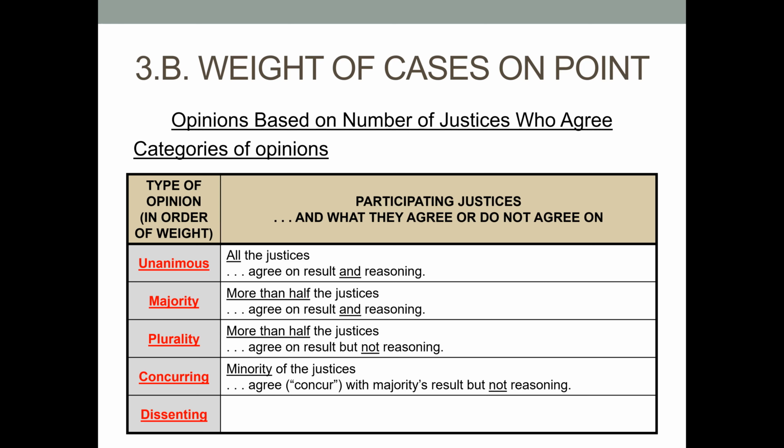So in other words, this minority of justices agree or concur with the majority's result, but they disagree with the majority's reasoning. Now, finally, the dissenting opinion would also be by a minority of justices in response to a majority opinion. And these minority of justices would disagree or dissent from the majority opinion regarding both the result and the legal reasoning of the majority. So this is the breakdown and the relative weight that these types of opinions can have.